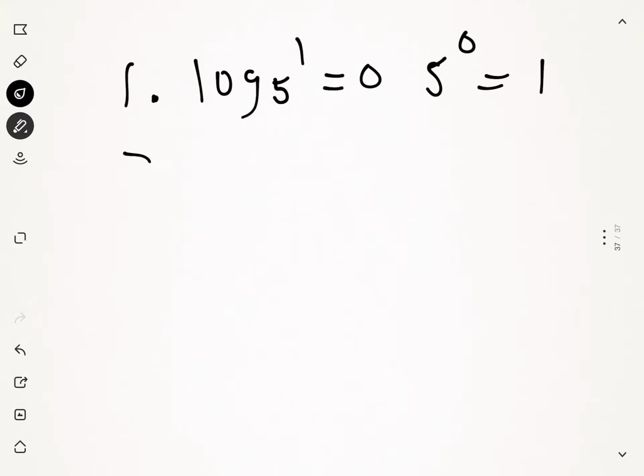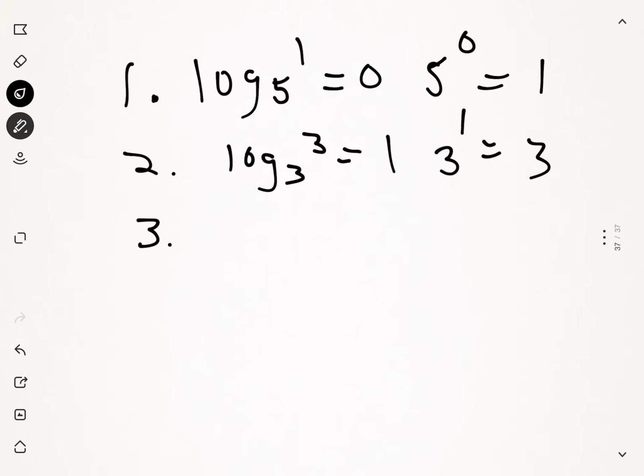So for examples, for number 1, we have log base 5 of 1 equals 0, since 5 to the 0 equals 1. Log base 3 of 3 equals 1, because 3 to the 1 equals 3.